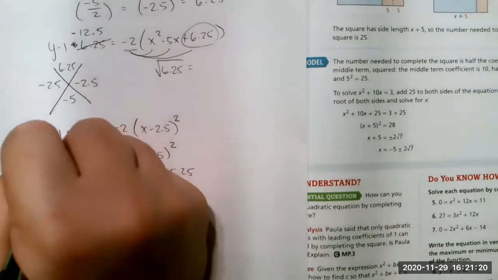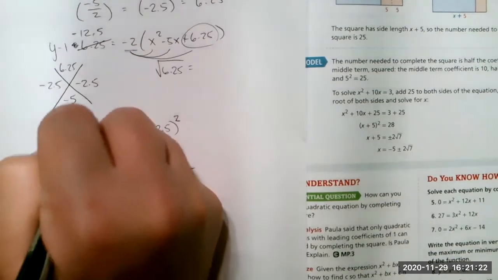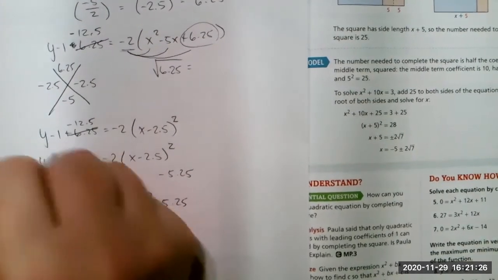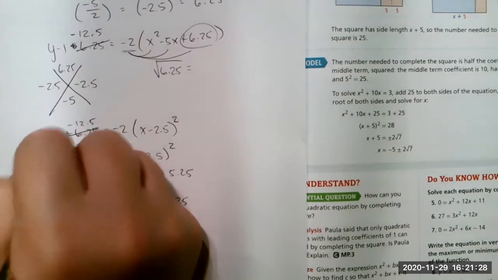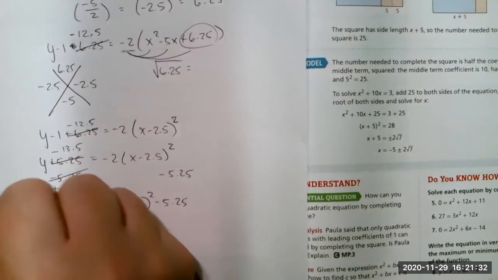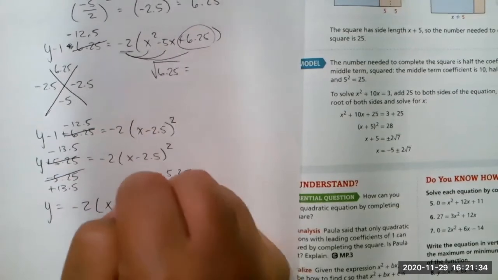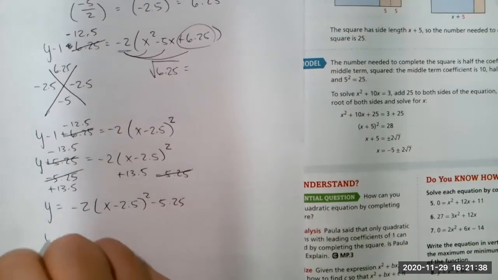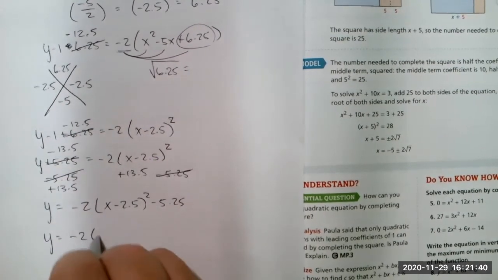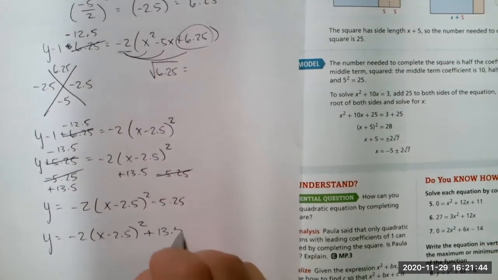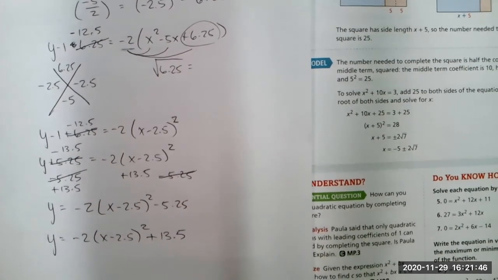And then again, here will be minus 12.5. Negative 1 minus 12.5, that's going to be negative 13.5. So in this case, I would add 13.5 to both sides. So that gives me y equals negative 2 (x minus 2.5) squared plus 13.5.